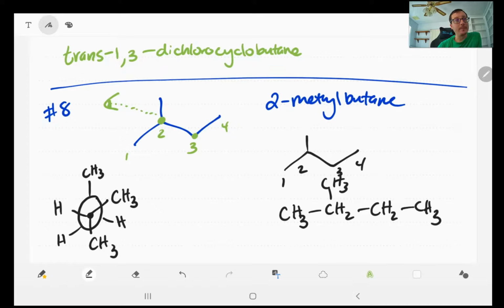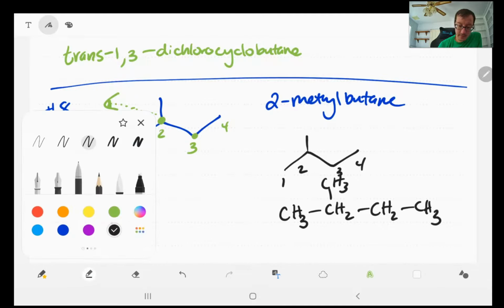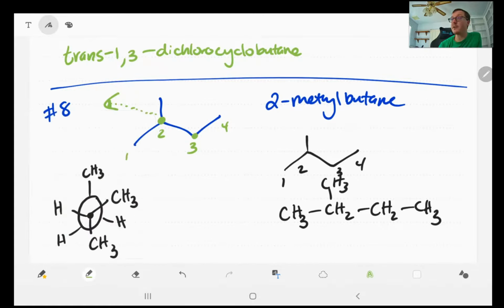Because it says it's between carbon 2 and carbon 3? So that's where we're looking between. The 2-methyl tells us the methyl is on carbon 2. But the 2 and 3 are what our Newman projection is looking at. So this front dot is carbon 2, and this back circle is carbon 3.